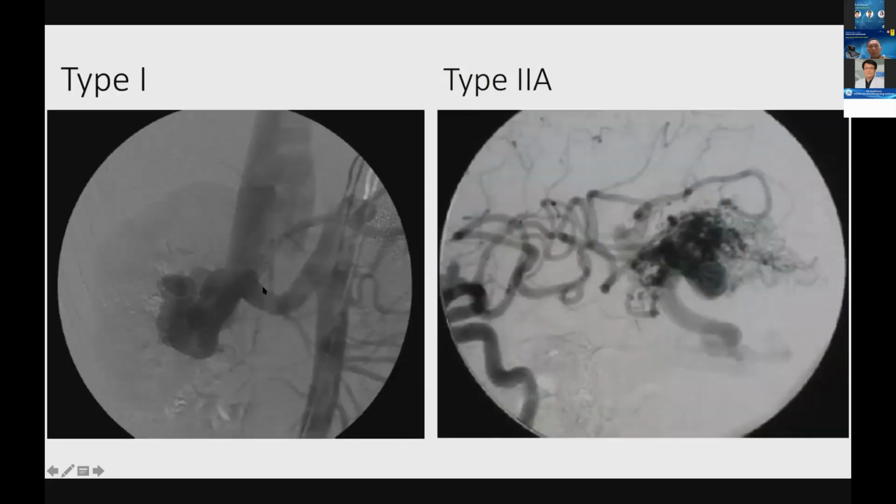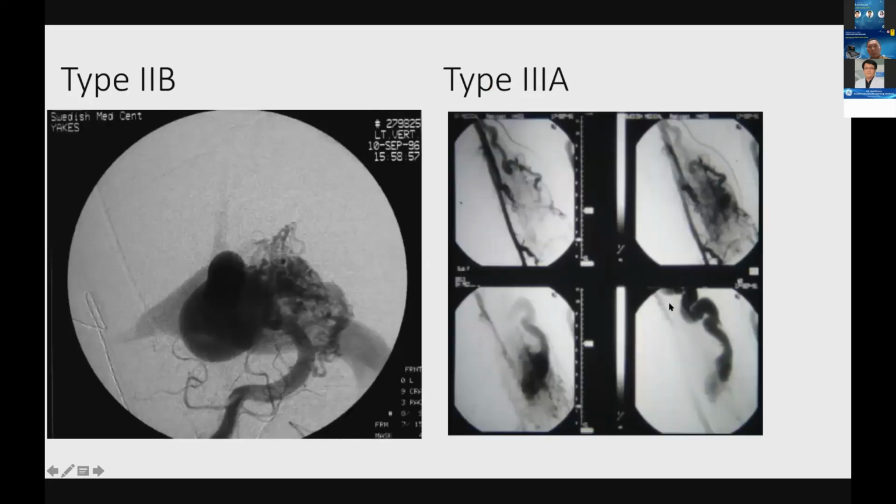This is type 1, like CHODO type 1 also. This is the feeding artery, and this is the fistula going to the draining vein. This is type 2A, nidus with the feeding artery and draining vein. This is 2B, with multiple feeding arteries and one draining vein.